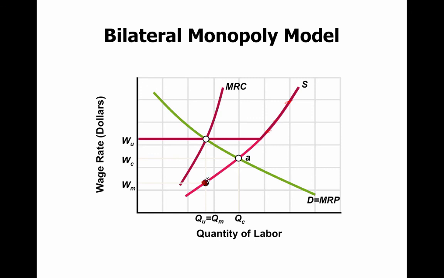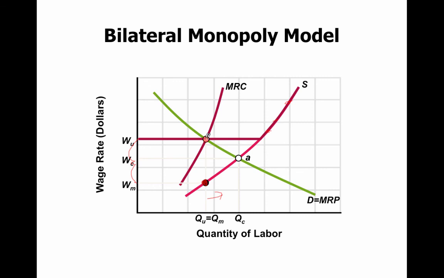This is the wage that the employer wants to pay. This is the wage that the union wants to receive. But here's the crazy thing. What winds up happening is the two will negotiate, right? And whichever one does the better job negotiating will say where in this area the wage will wind up. But what can wind up happening is something where an increase in quantity.